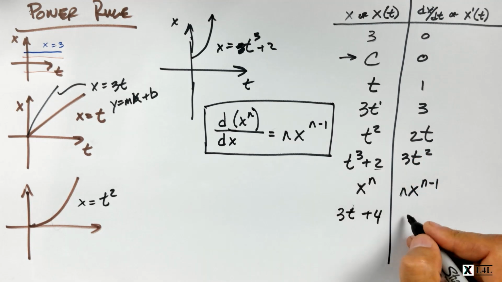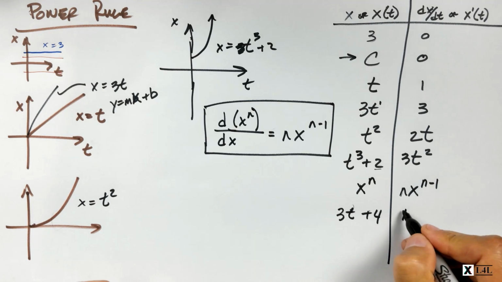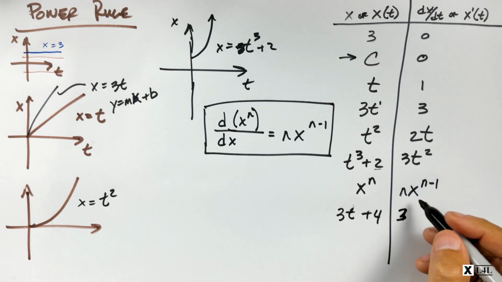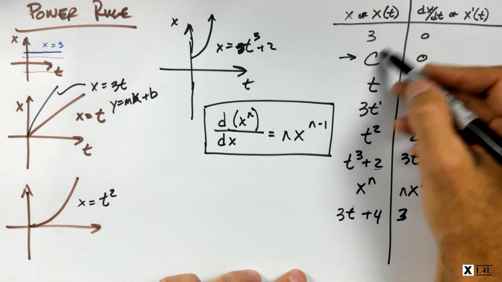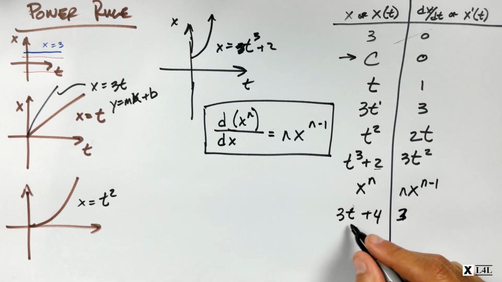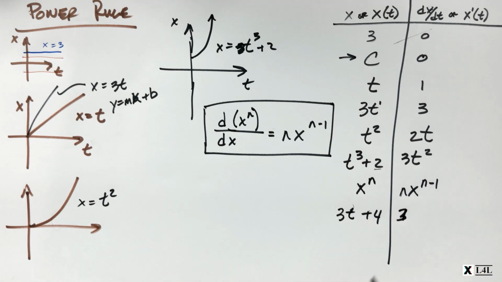So 3t just becomes 3. And then plus 4 is a constant, so the constant becomes 0. So the slope of 3t plus 4 is just 3. This is a linear function, and the 4 happens to be the y-intercept in that case.